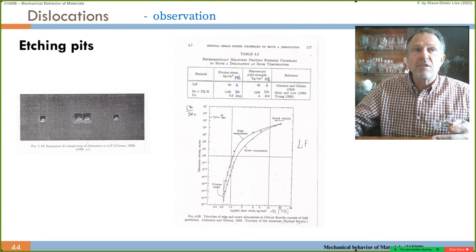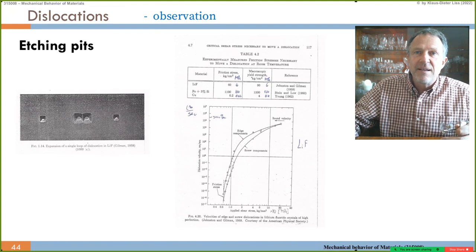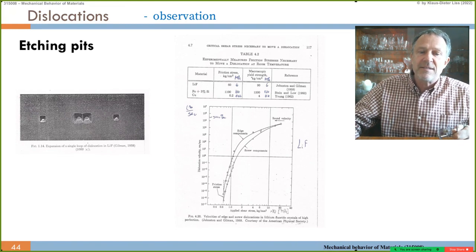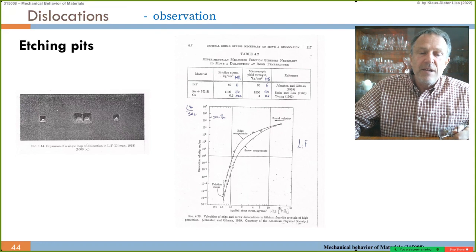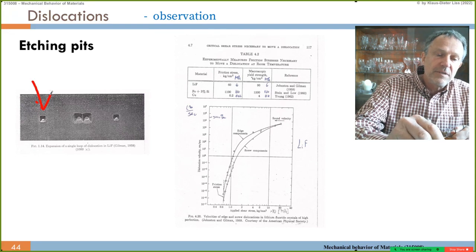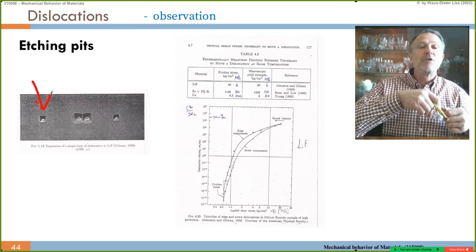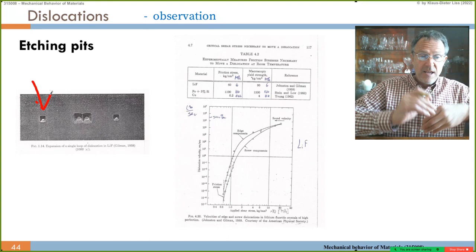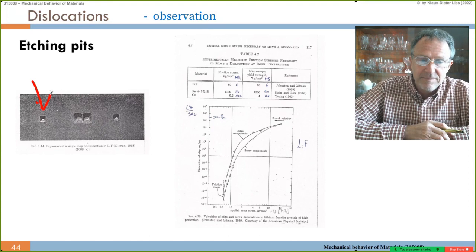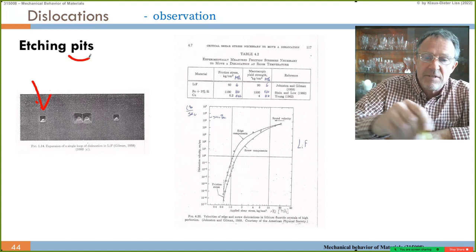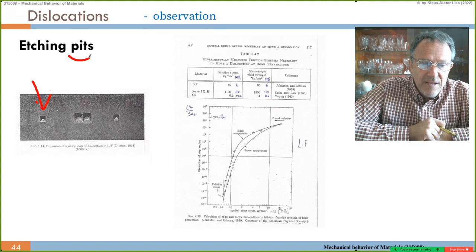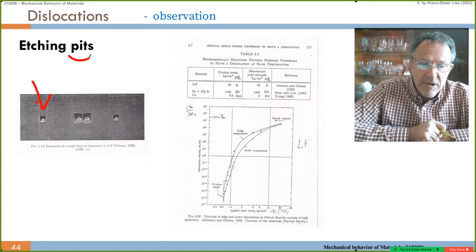And you also know along certain lattice planes you also get enhanced etching with respect to other lattice planes. And that's why you get these dislocation grooves. Etching grooves around the dislocation, or etching pits. The groove is one-dimensional, the pit is zero-dimensional. It's just a point.